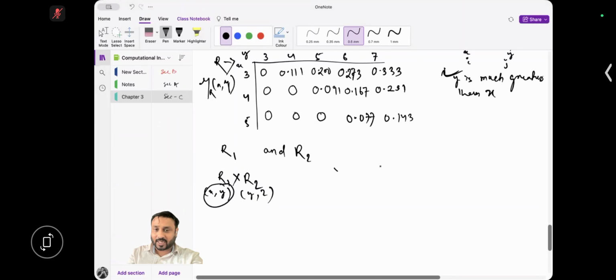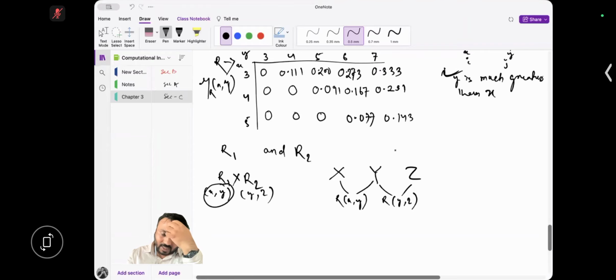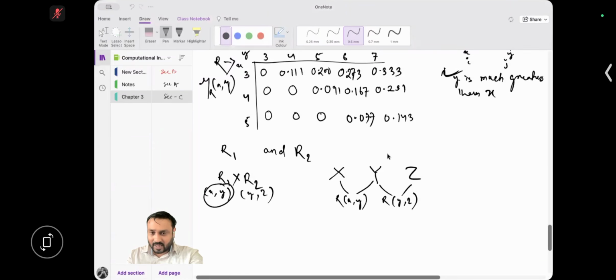Let's say you have three universes: one is X, another is Y, another is Z. The relation between X, Y is given, R of X, Y. The relation of Y, Z is also given, R of Y, Z. What it is asking is the relationship between X and Z, R of XZ.